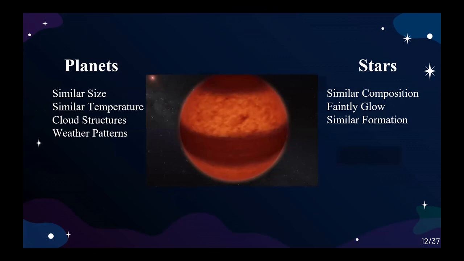They're also similar to stars in the sense that they have the same formation processes, and they faintly glow as well. Think of it like a bonfire, for example. You have the big ball of fire that represents the star, and you have the little coal that's there as well. The coal is dark and it's glowing, but it's not glowing as immensely as the fire itself. And the planets would be like the little embers that come off the top of the fire.